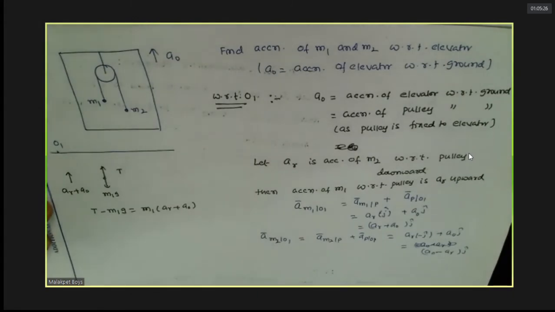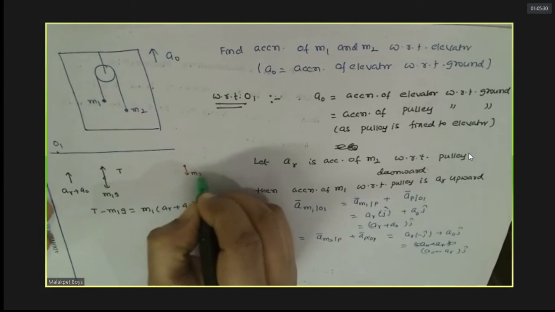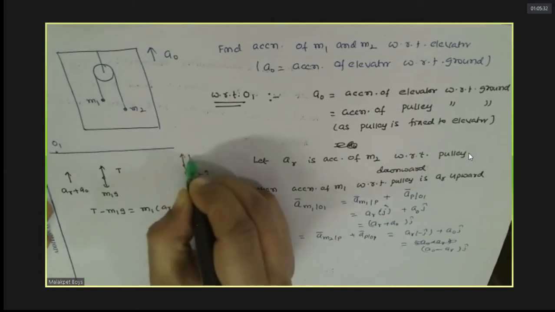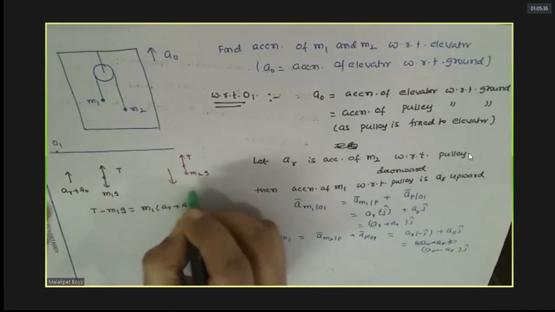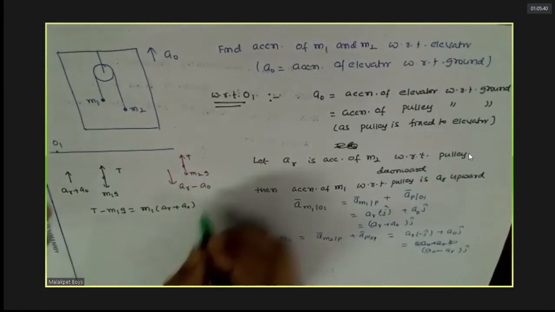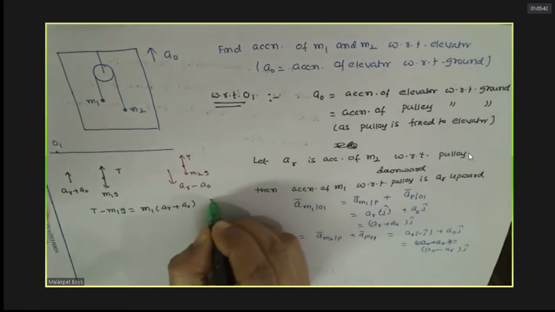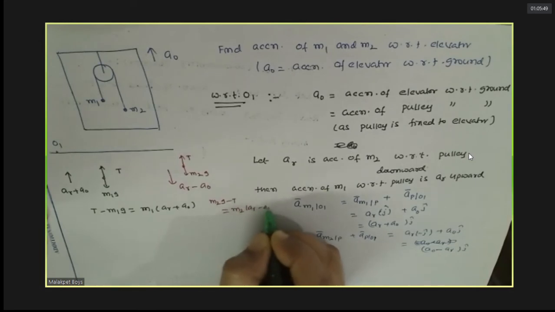Agreed. Similarly, you have M2. This is M2G. This is the tension, and that fellow has an acceleration downward of AR minus A naught. So we write the equation M2G minus T equals M2 into AR minus A naught.